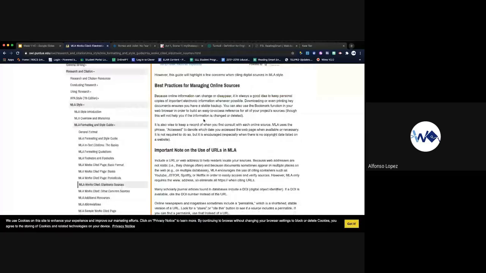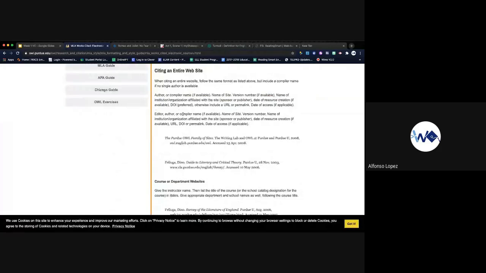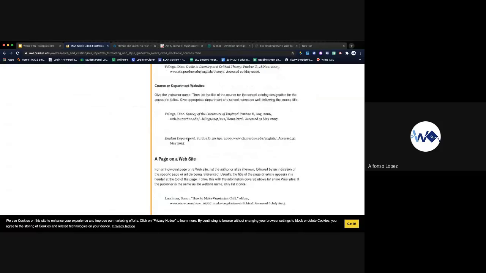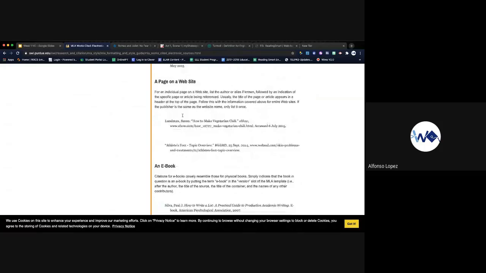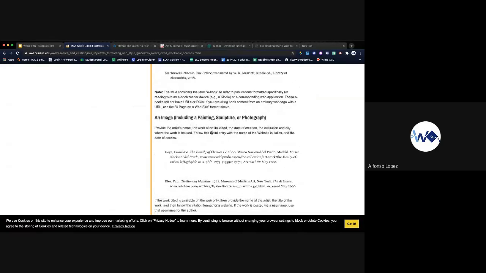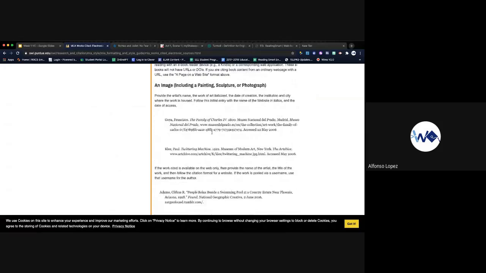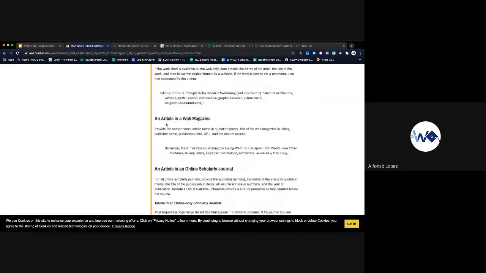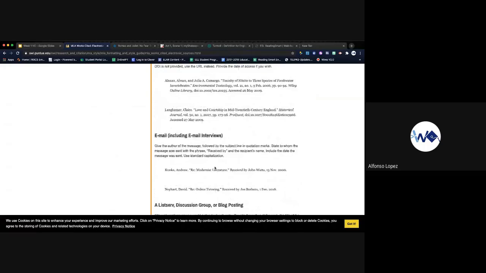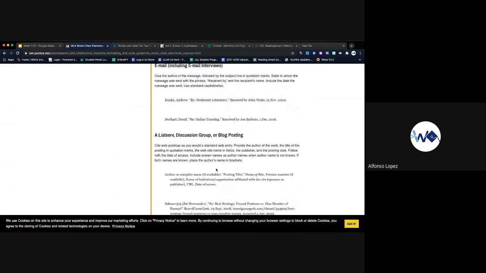You can see here, it tells you how to cite a full website. All the information is located here. It gives you some examples: how to cite a page on a website, an ebook, an image. Remember, anything you take off the internet, you must give credit. An article. So you can see a lot of different examples of how to cite.